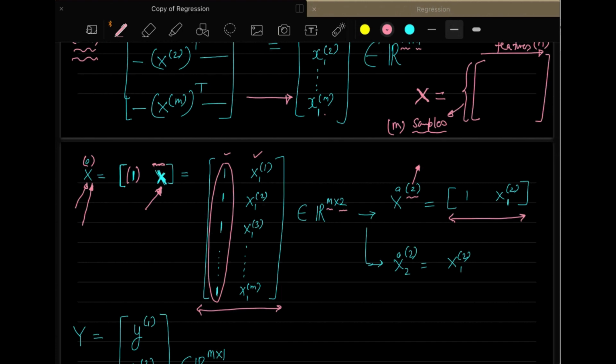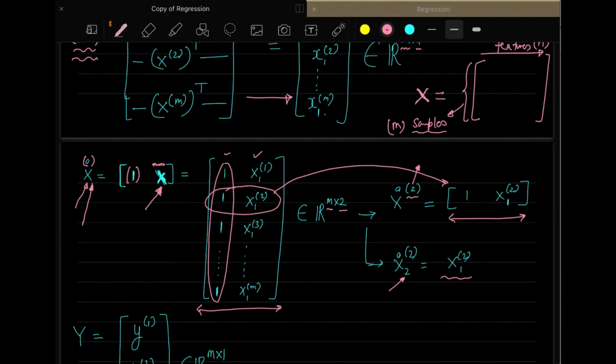For example, if you want the second row, it will come out like this. And if you want to access any individual element, then you write a subscript 2 here, and it will give you x21, sorry, and it will also be 1 here, I guess.